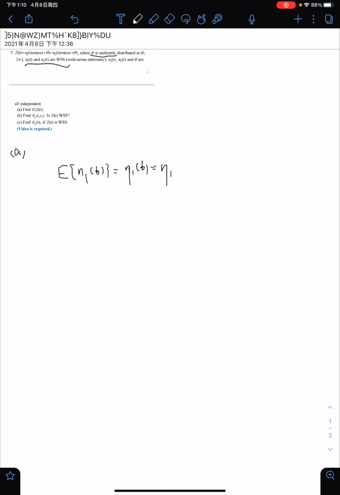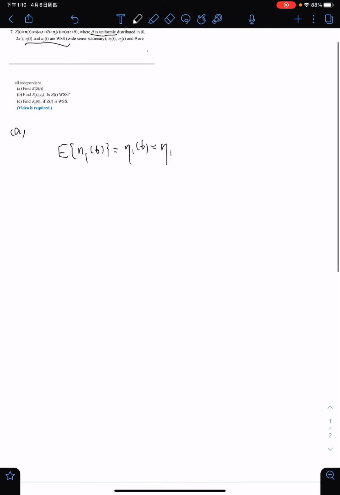It's a constant. And then we can expand Z(t).